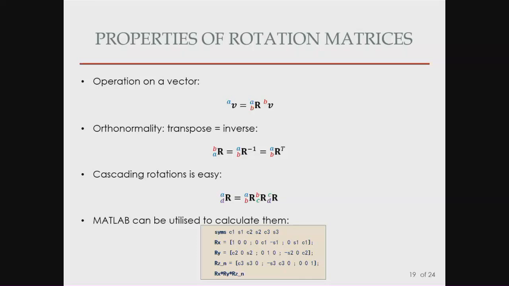Here C2 would mean cosine of some theta 2, for instance, and S1 would mean sine of theta 1. That's a convention that I invented for the code. You can use similar things to shrink the expressions. As I evaluate this product, I receive the result of that overall rotation.